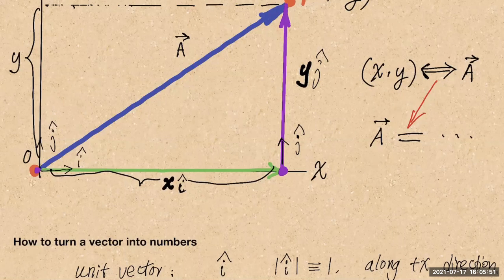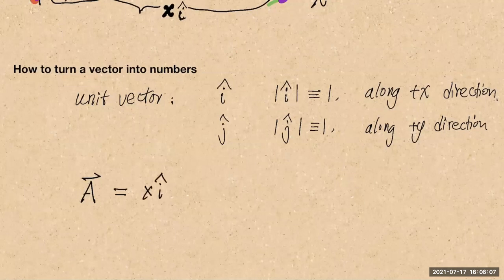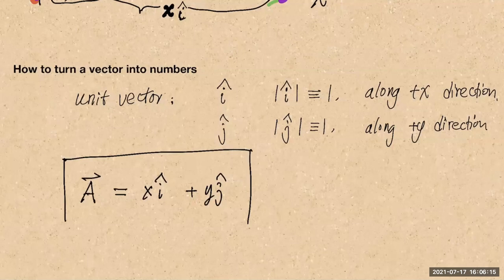And if I add these two vectors up, don't I get just vector A? So I finally have the following identity, not just a corresponding sign, and that is A equals xi plus yj. Now this is what I'm really looking for, because it's an equal sign in the middle, not a corresponding sign.